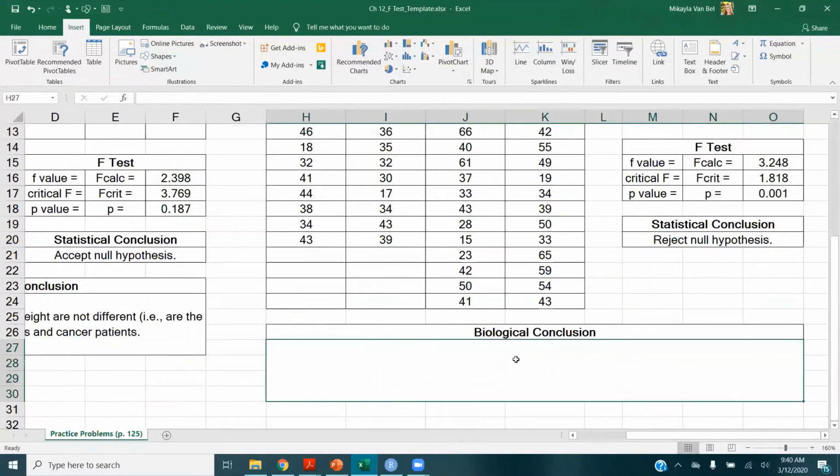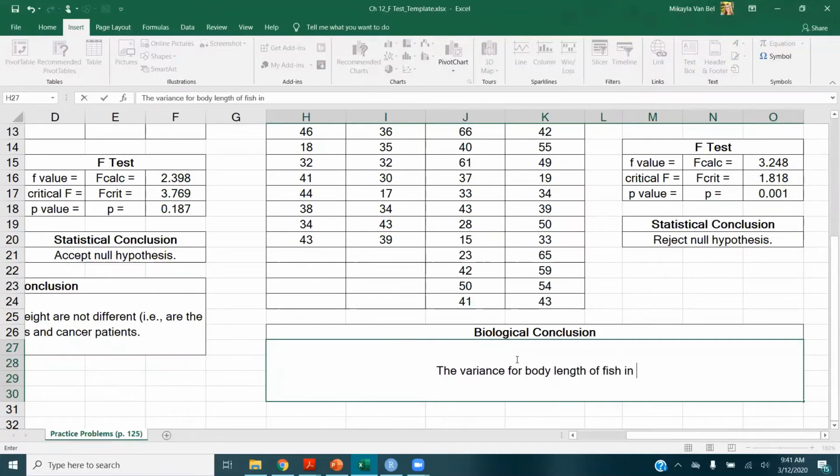These are variances in body length, so our biological conclusion will be that the variance for body length of fish in shallow reef is significantly less than, because of our p-value, that of fish in deep reefs.